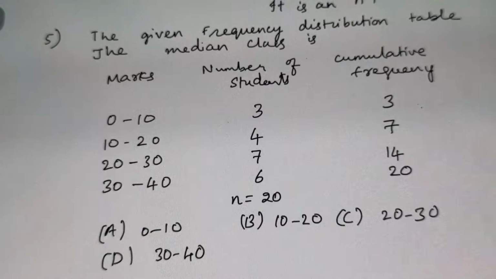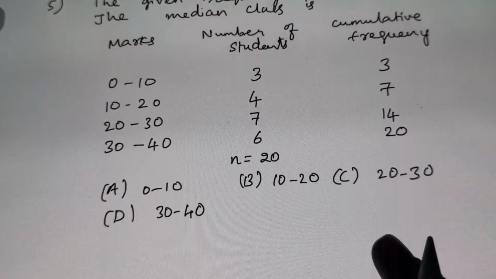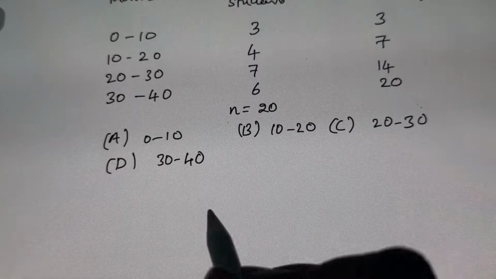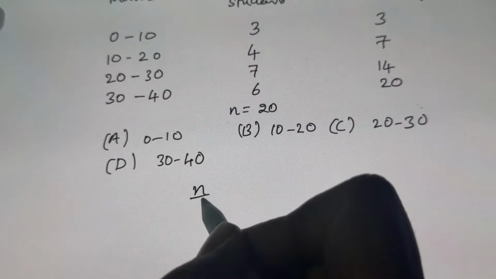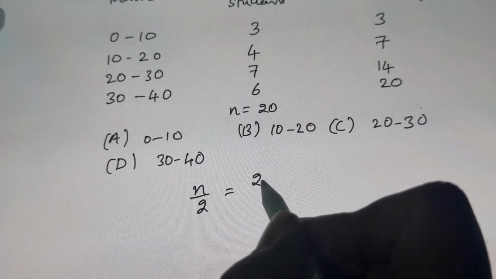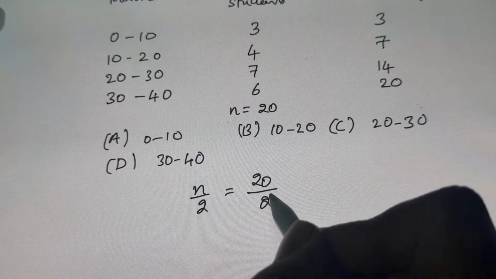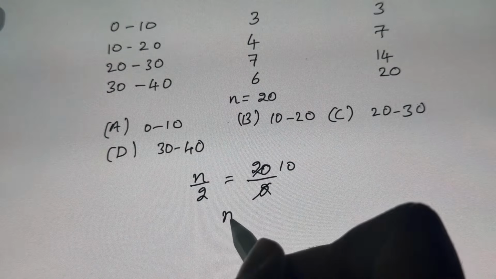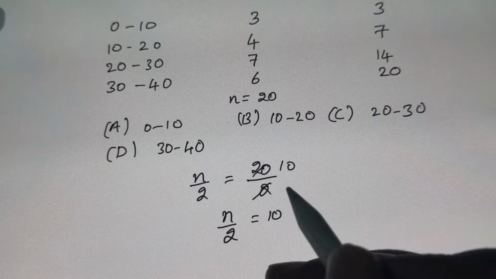To find the median class, first of all, you have to find the value of n by 2. n is already given, that is 20, 20 by 2. We have got n by 2 equals 10.